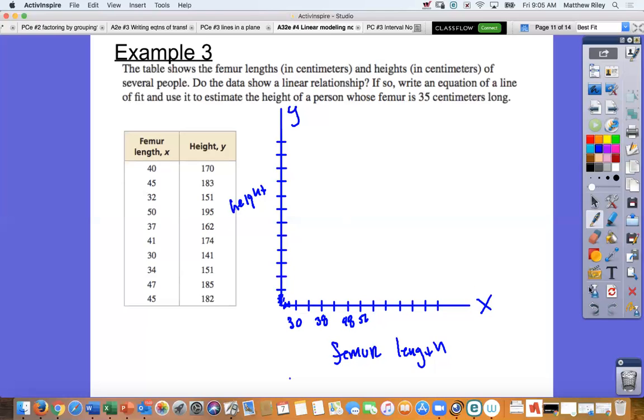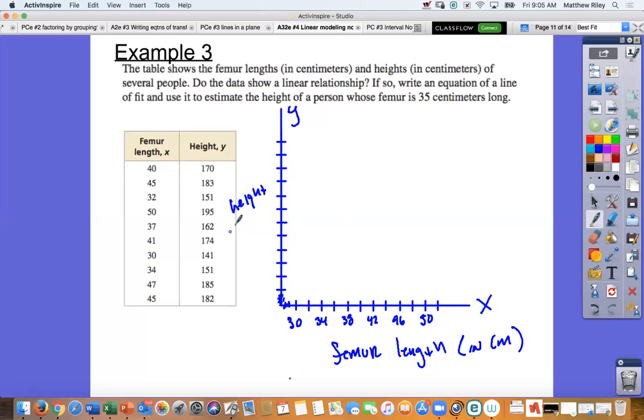Maybe I should have just, let's go back and go by 2s. Sorry. I don't want it to be too close together. So 30, 32, 34, 36, 38, 40, 42, 44, 46, 48, 50. And we need to say this is in centimeters.